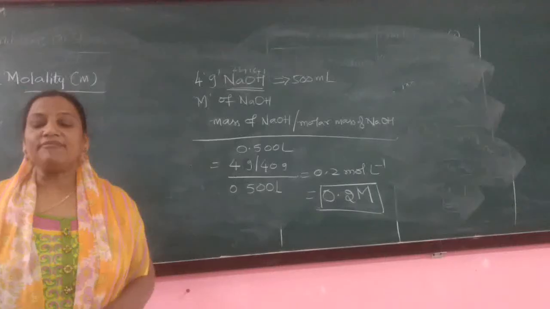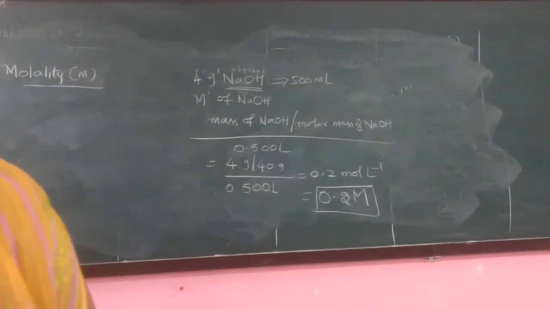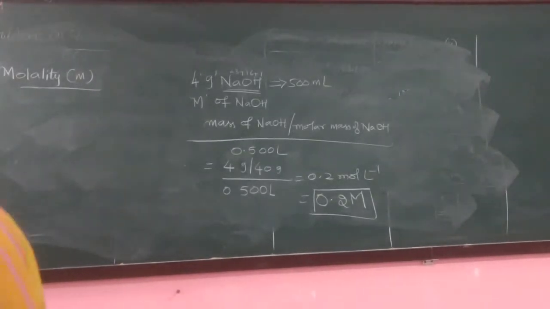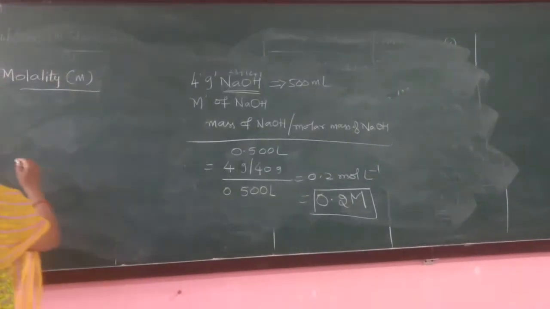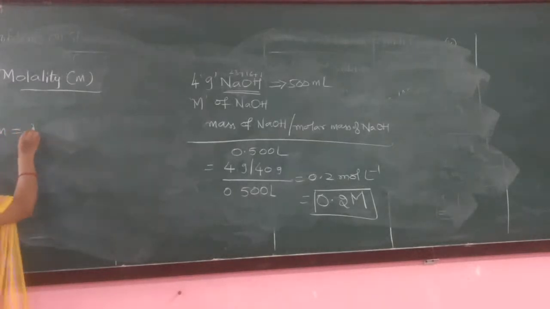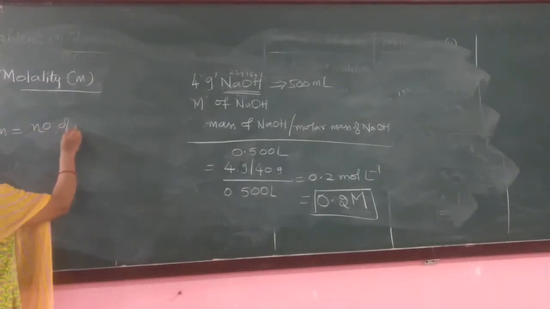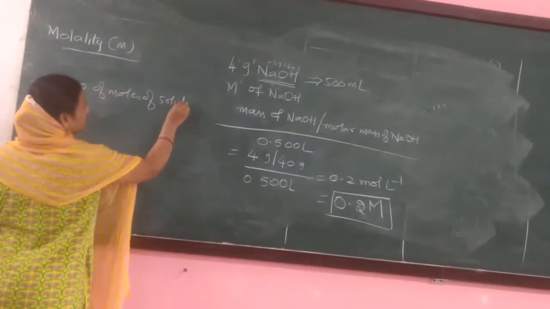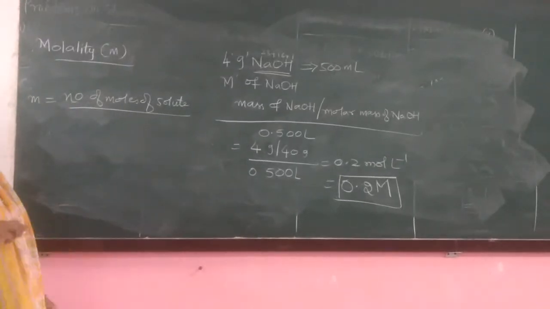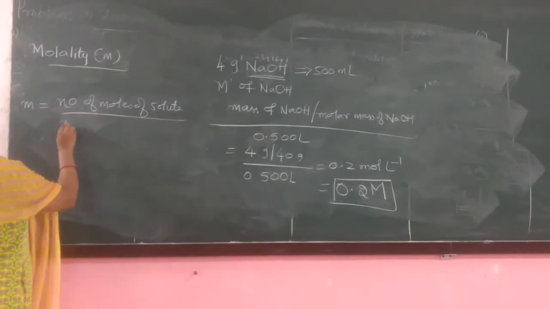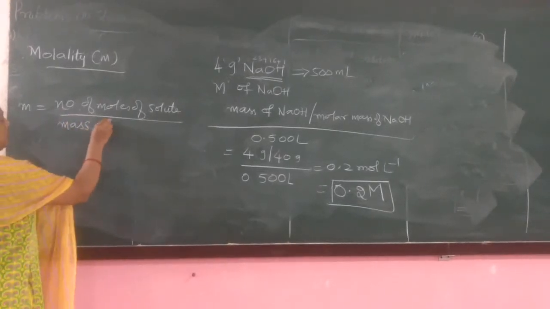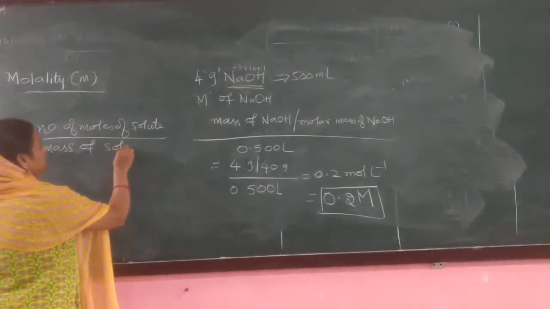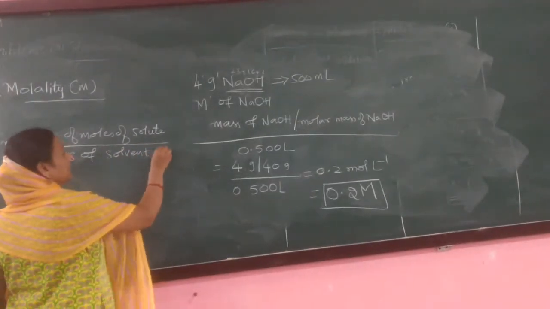Molality refers to the number of moles of solute present in 1 kg of solvent, that is, moles of solute divided by mass of solvent in kg.